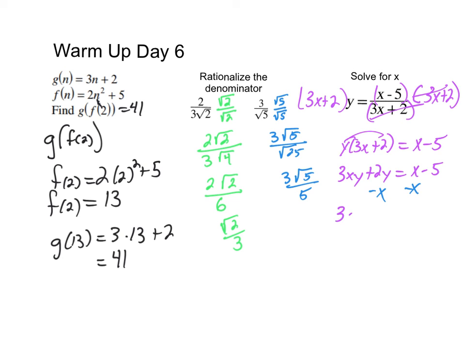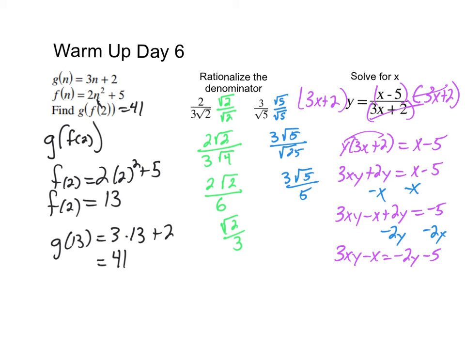That gives me 3xy minus x plus 2y equaling a negative 5. And then I'm going to subtract 2y from both sides. That gives me 3xy minus x equaling a negative 2y minus 5.